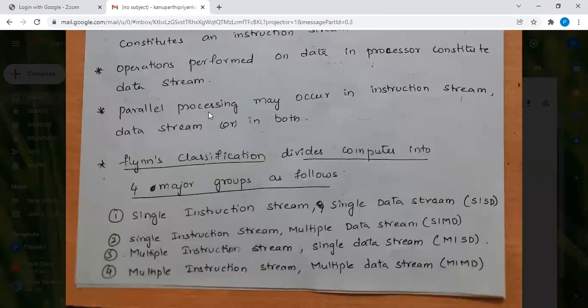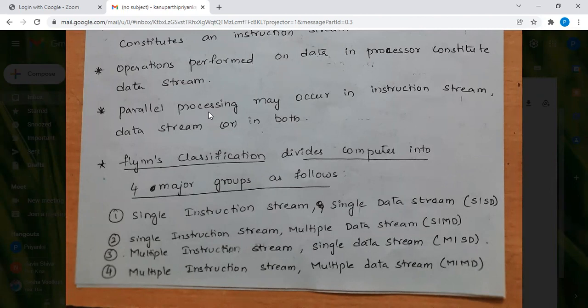All of you are able to hear only my voice, right? All processors receive the same instruction but operate on different items of data. You are different from each other. You all are different people, different processors. I'm the common control unit. Yes, this is the second part of Flynn's classification.